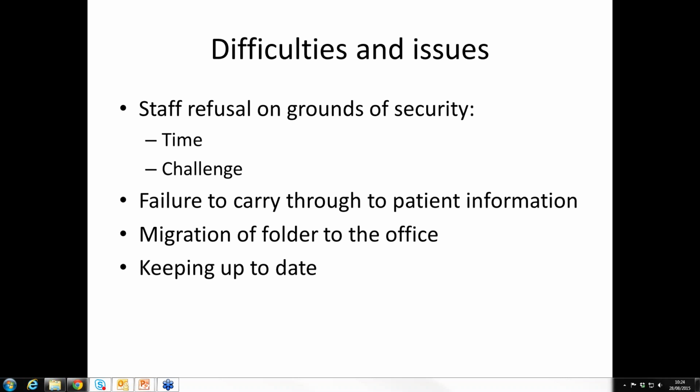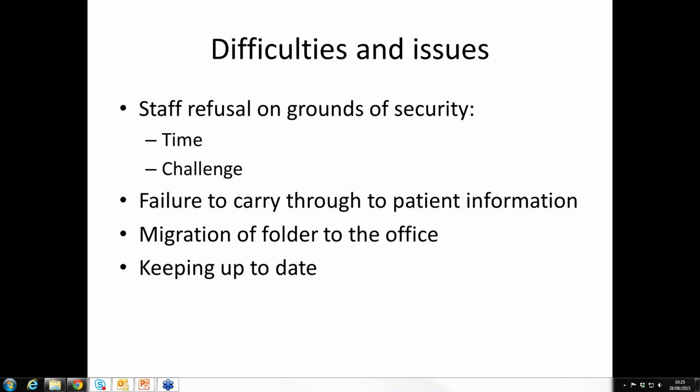The last challenge is, I suppose, what we've just talked about in terms of patient information, but it also relates to staff information. You have to keep it up to date, and it has to look good. A tatty folder with worn out stuff in it is clearly not going to create the same impression to patients as a really good looking folder which is personalized, in which the information is fresh, a folder that only has information about people who are actually on the ward or actually working on the ward.